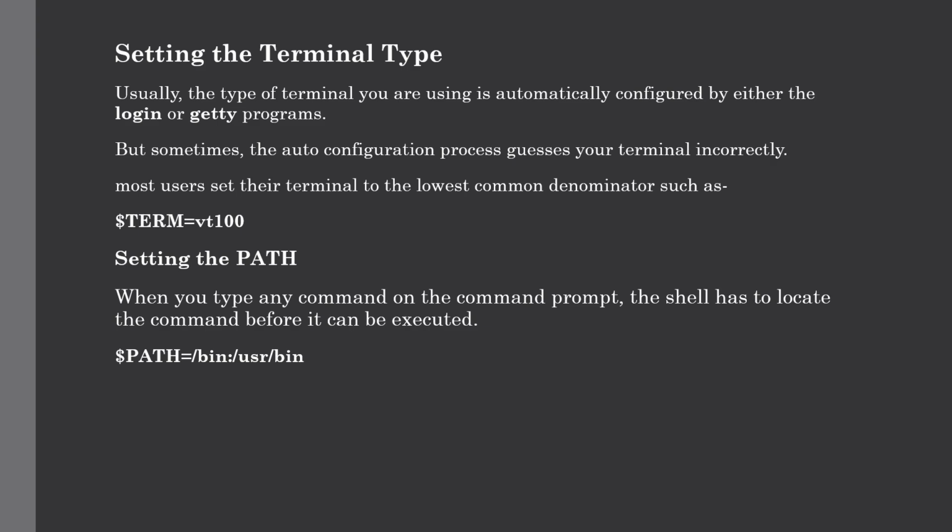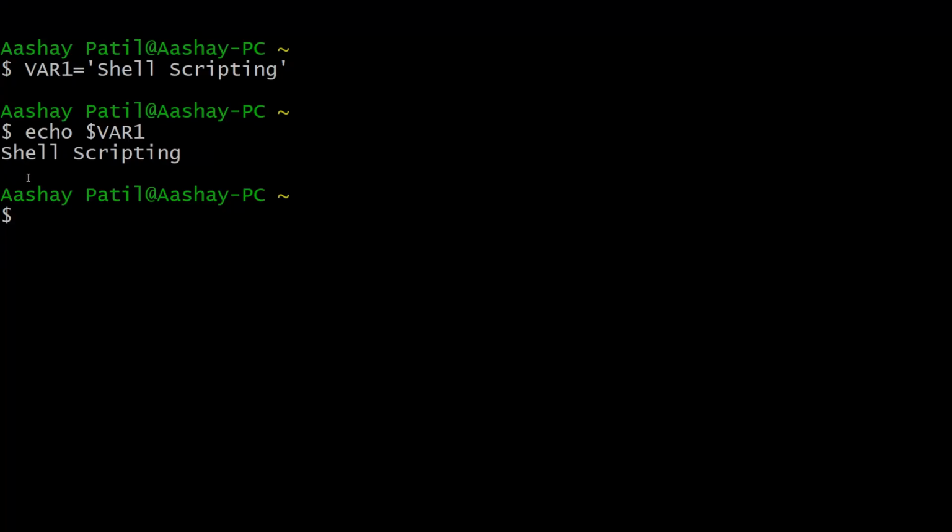To make sure that the terminal is set correctly, most users will use the terminal in the lowest common denominator. Let me show you how. For this you have to assign the value to an environment variable called TERM, for terminal, and all the letters should be in capital.